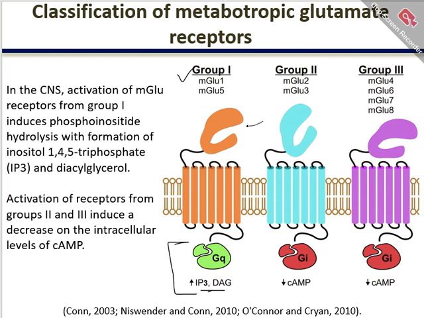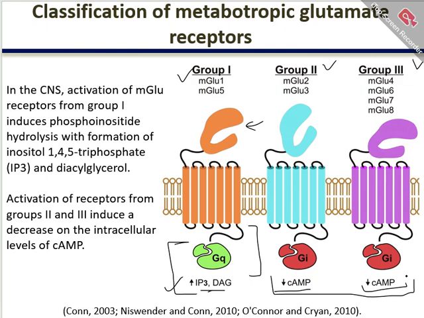This is the agonist binding site, and this is the intracellular site where the activation of G protein results in the activation of those second messenger cell signaling pathways. Similarly, activation of group 2 receptors results in a decrease in cyclic AMP, and similarly, the activation of group 3 receptors results in a decrease in cyclic AMP level. That is how they are responsible for the slow inhibitory response.